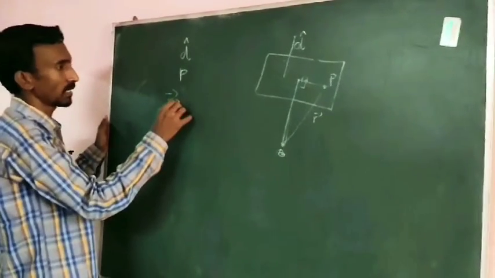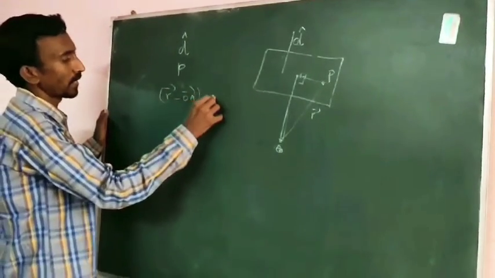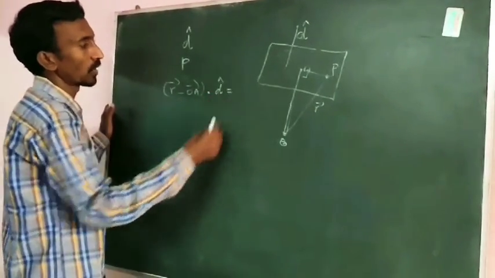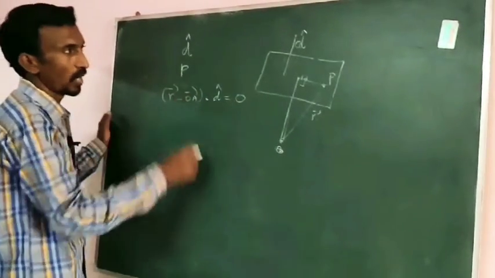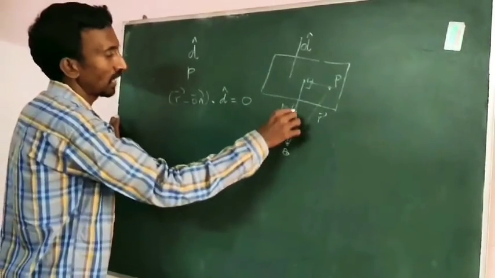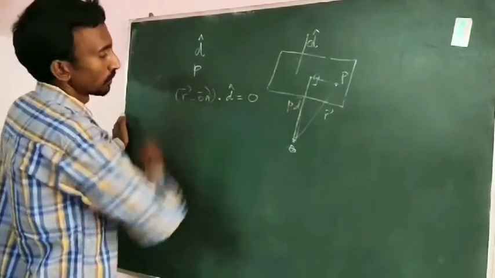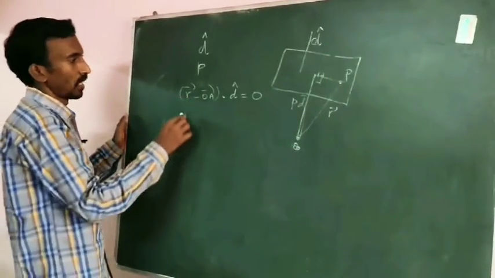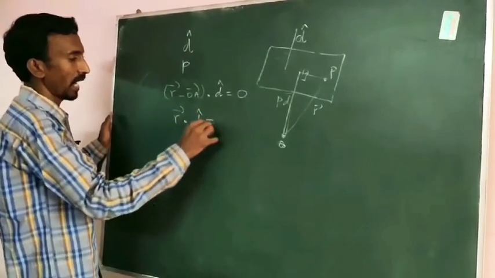So (R minus OA) dot D cap equals 0 because they are perpendicular. OA is parallel to D vector, so it is some scalar multiple of D vector. So we are getting the equation R vector dot D cap equal to P.